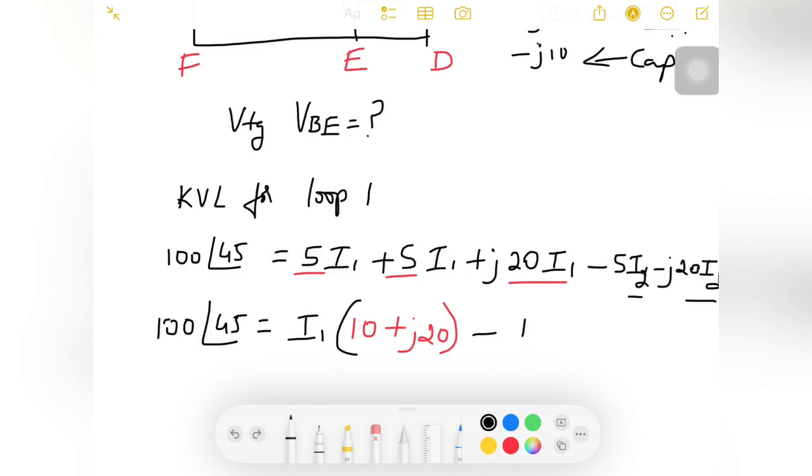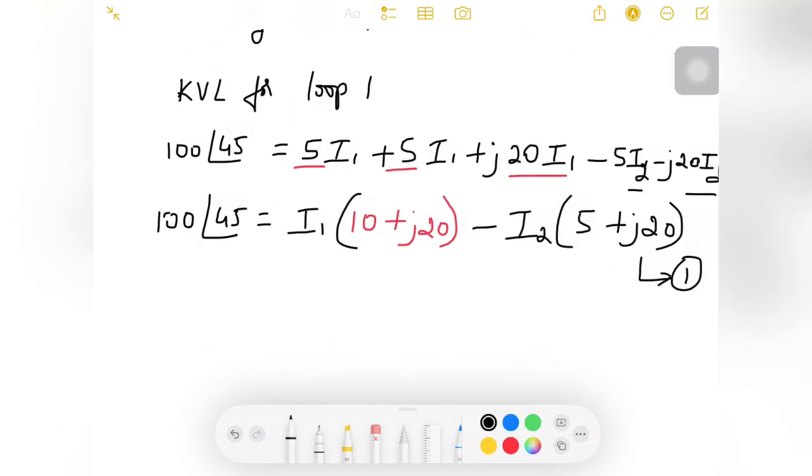First I will write the coefficient of I2, 5 plus J20, that is minus 5 minus 20j. So this is my equation. Let me take this as equation number 1 from loop 1. Similarly, KVL for loop 2.